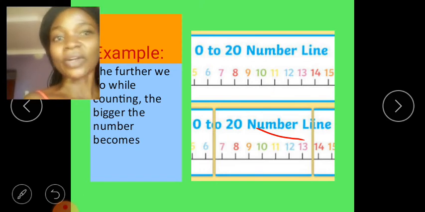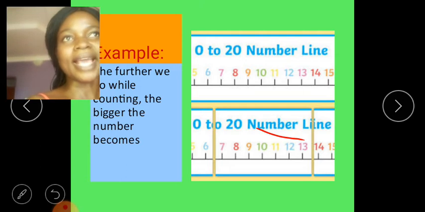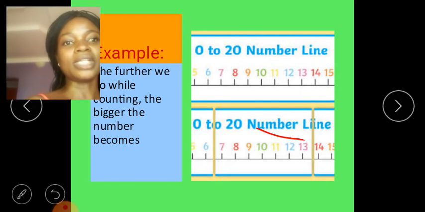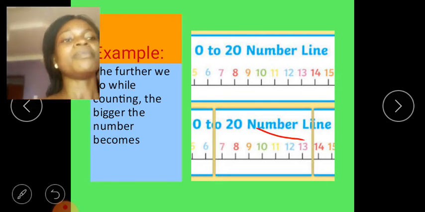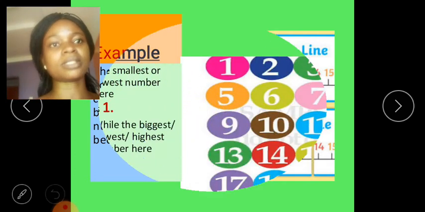As I'm counting now, the number is getting bigger. 5, 6. That means 6 is bigger than 5. Then 7 is bigger than 6, 8 is bigger than 7, 9 is bigger than 8, 10 is bigger than 9, 11 is bigger than 10. So meaning the more I count, the bigger my number becomes.